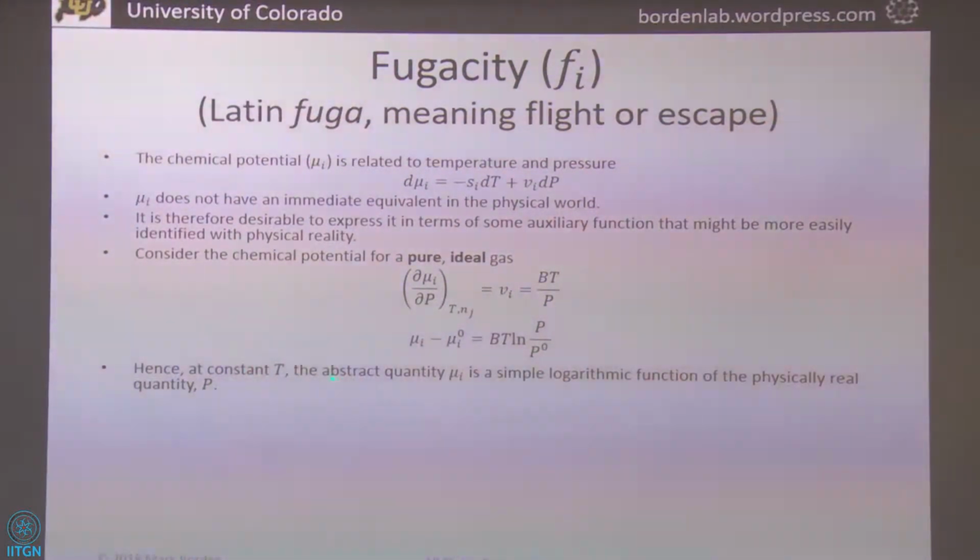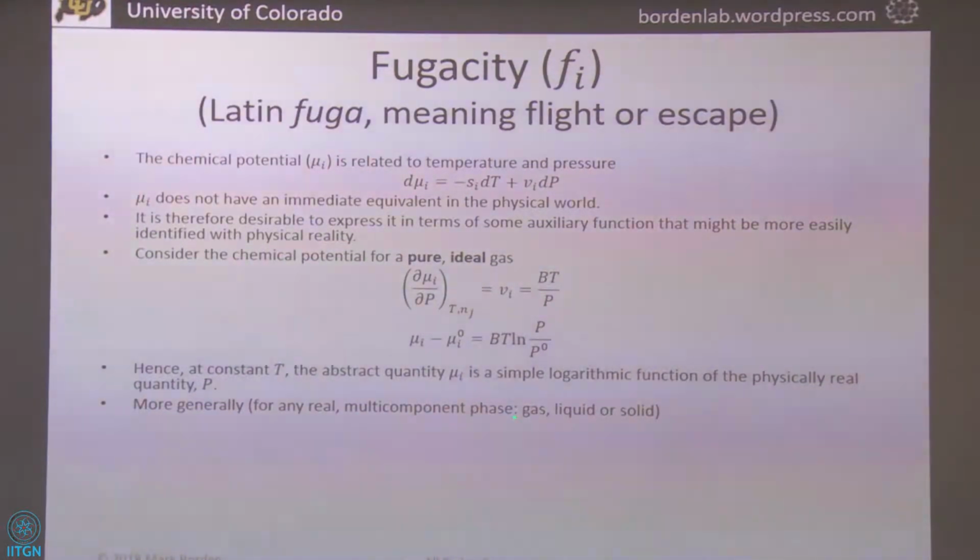So at constant temperature, this abstract quantity, chemical potential, is a simple logarithmic function of the physically real quantity, pressure. So you can relate, at least for this pure ideal gas, this abstract quantity to a real measurable quantity, pressure. That's really the power of fugacity.